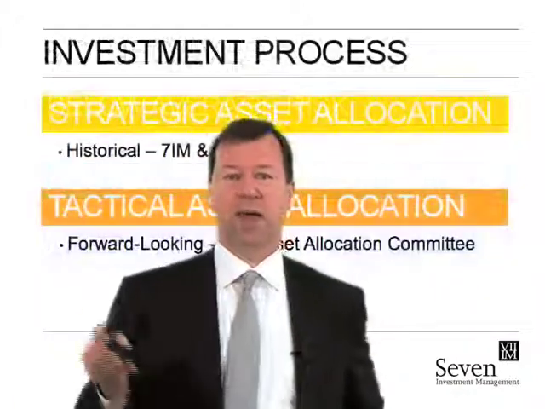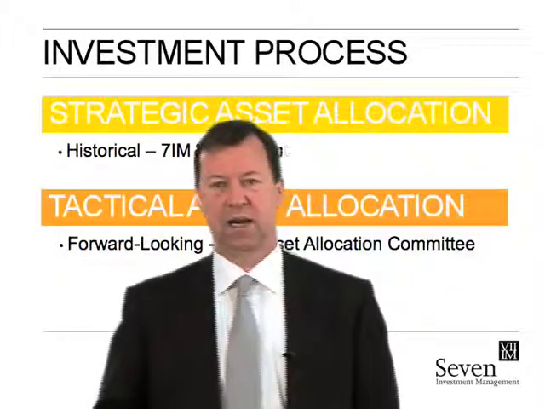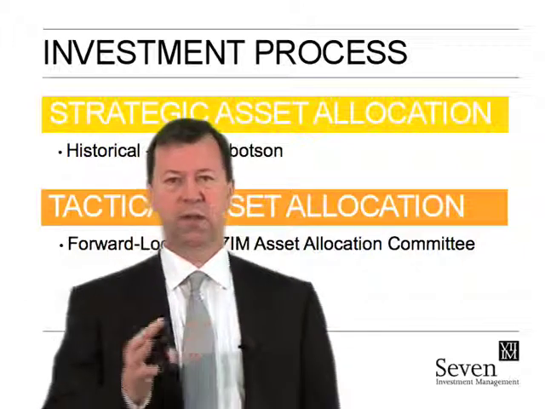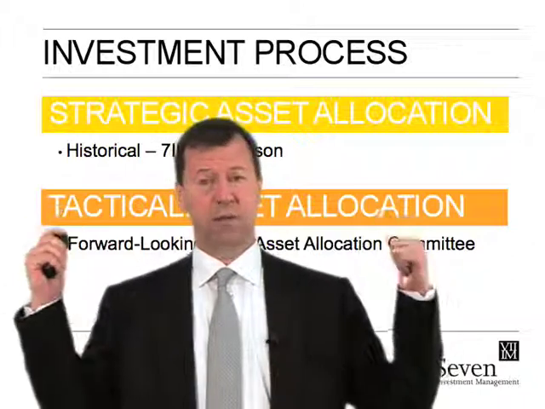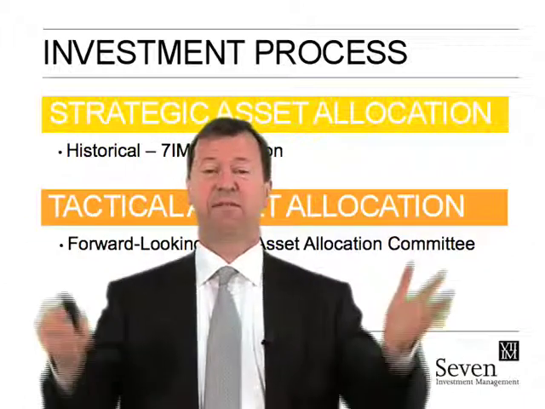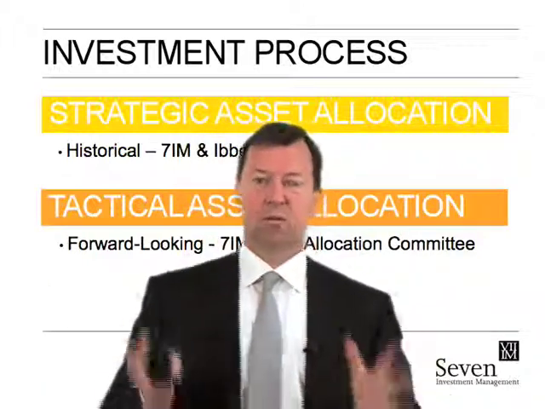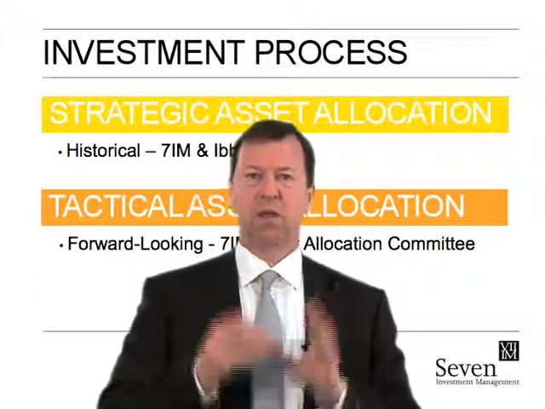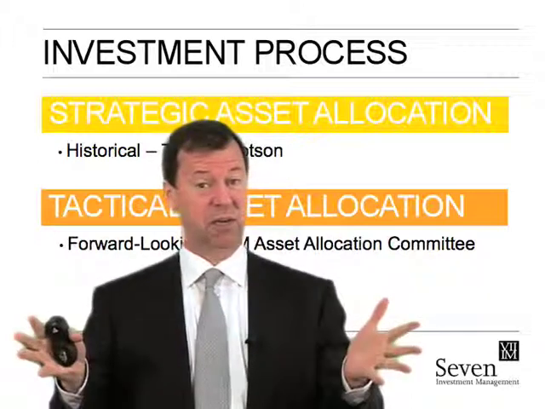The way we go about that is we have a starting position, or what we call a strategic asset allocation, which is an asset array for 4 different levels of risk, which is based upon historical performance of the asset classes. In fact, these strategic asset allocations represent almost ideal portfolios for the given levels of risk for yesterday, but not necessarily for tomorrow.